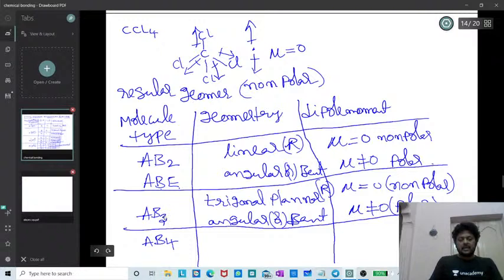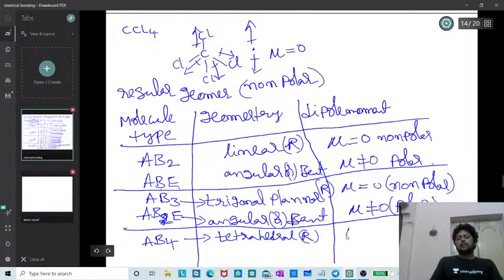Next, AB3, first one AB3 in the trigonal planar, AB2E has geometry angular or bent. That means two bond pairs, one lone pair. AB4, tetrahedral geometry. Tetrahedral, that is the regular geometry. Dipole moment nu is equal to 0. It is a non-polar molecule. Non-polar.